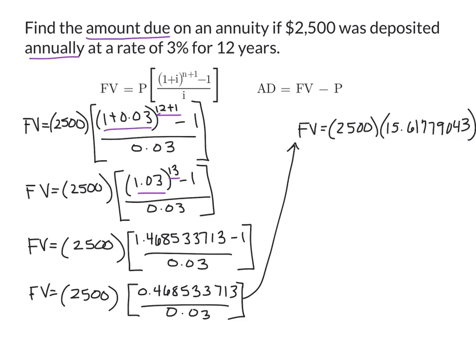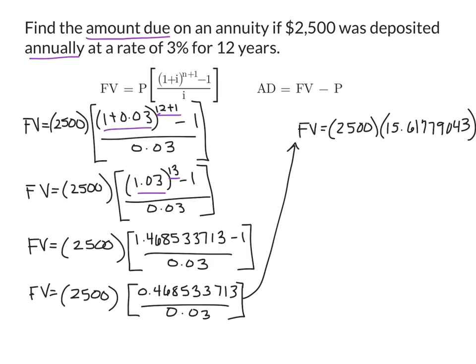And we should get 15.61779043. Now, if your decimals are a little off at the end, if they're off by 1 or 2 places, that's okay. You should still get the final answer when we round to 2 decimal places. You might just have different decimal places at the very end of these long decimals because your calculator may round or carry more digits than mine did.